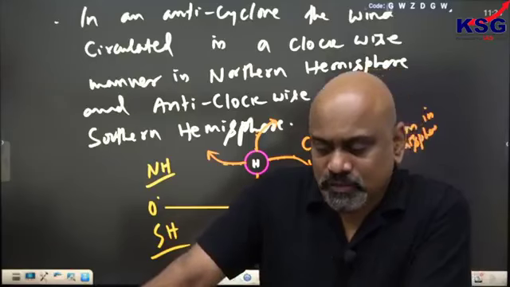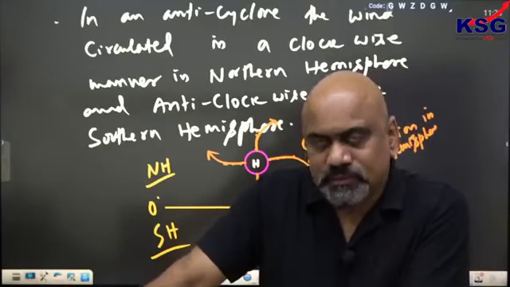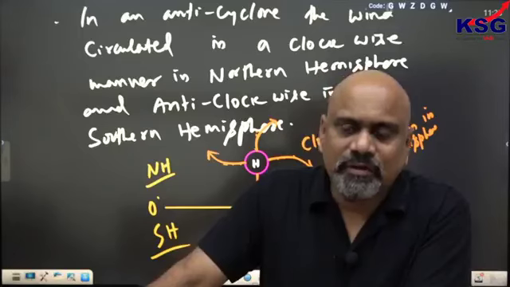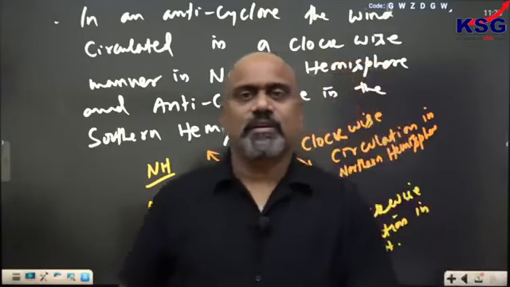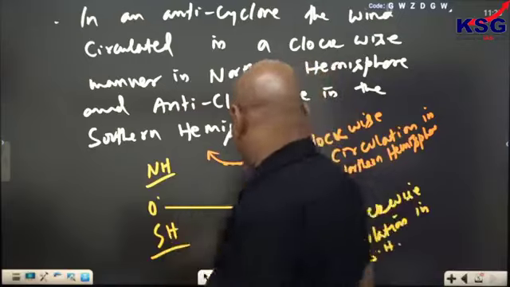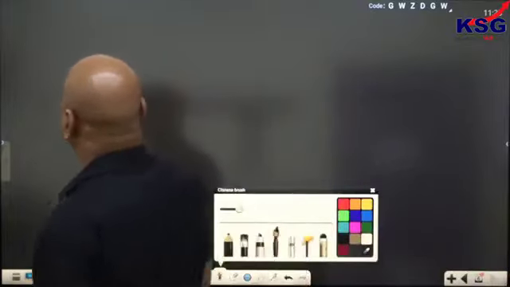Okay, so these are certain things which I would like to say. Anticyclone you got it. How is it different from the cyclone? Cyclone और anticyclone differentiate कर लेते हैं. चलिए let us see now how to differentiate between a cyclone and an anticyclone. Okay.